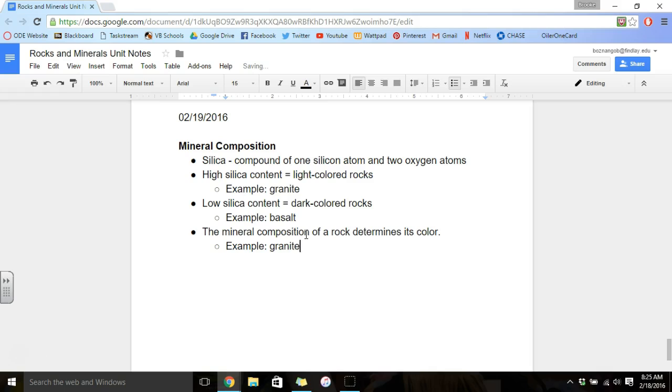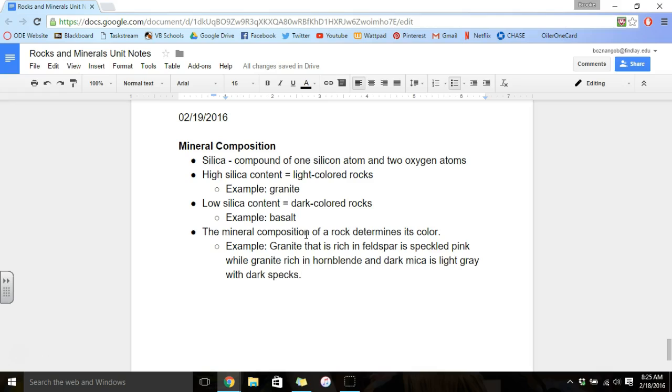So granite that is rich in feldspar is speckled pink, while granite rich in hornblende and dark mica is light gray with dark specks.